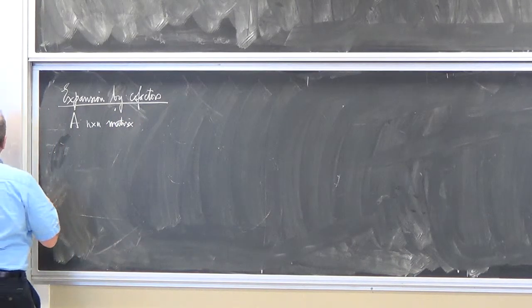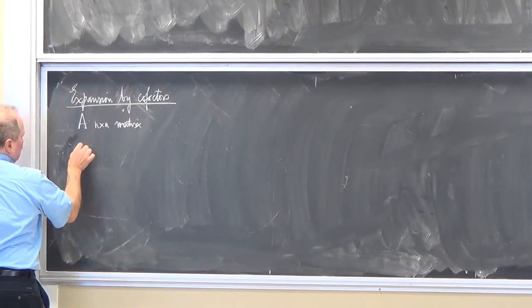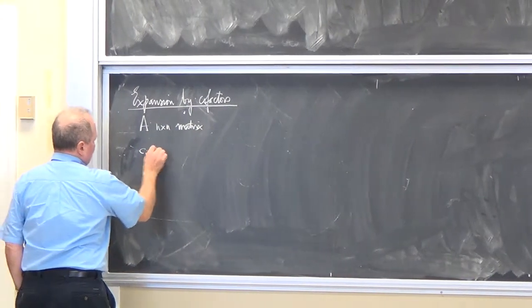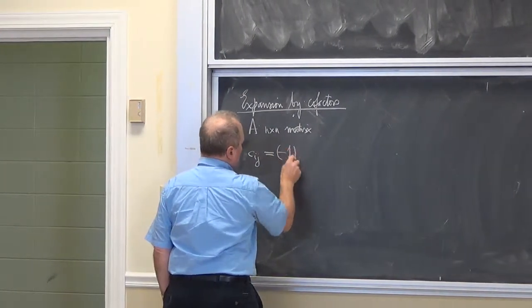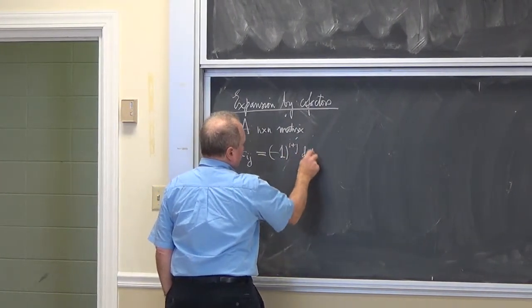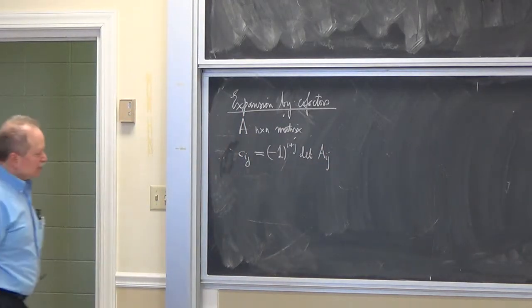then you can compute these numbers Cij, which are plus or minus determinants of one notch smaller matrices.